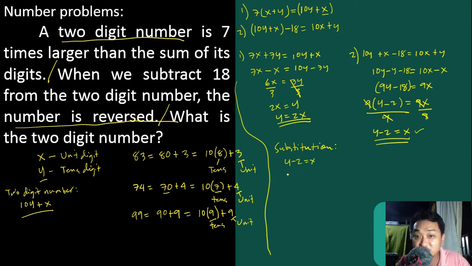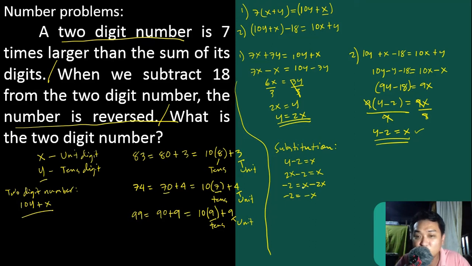The value of y is 2x, so 2x minus 2 is equivalent to x. We could transpose 2x to the other side. So, that becomes negative 2 is equivalent to x minus 2x, which is negative x.